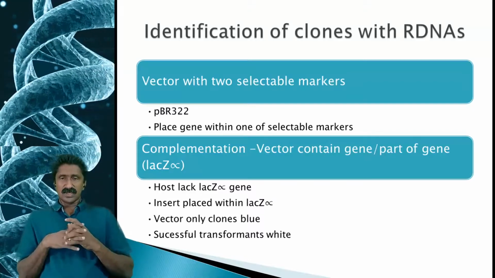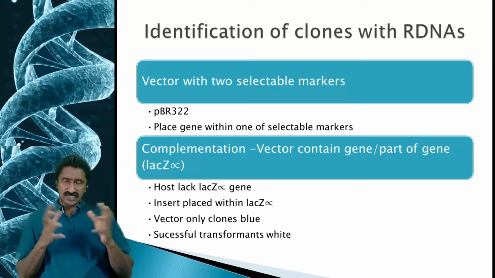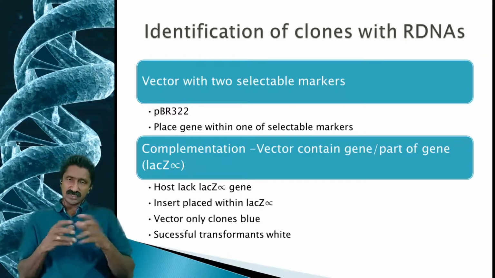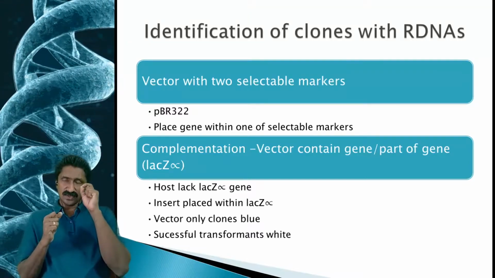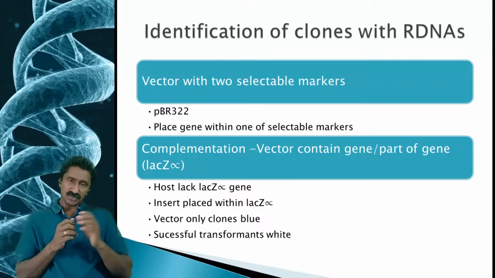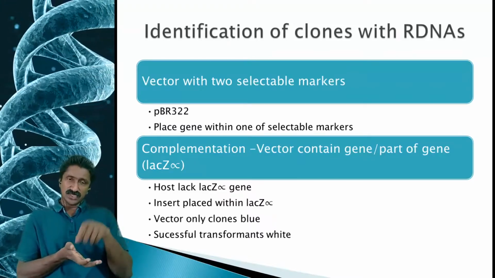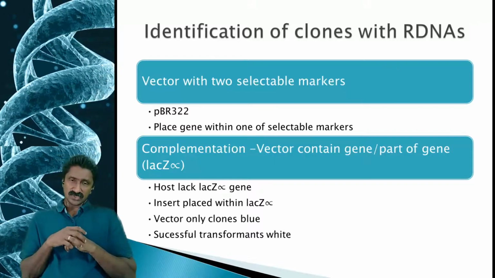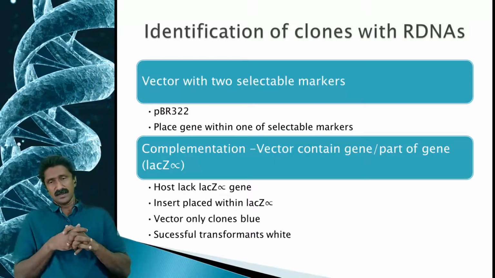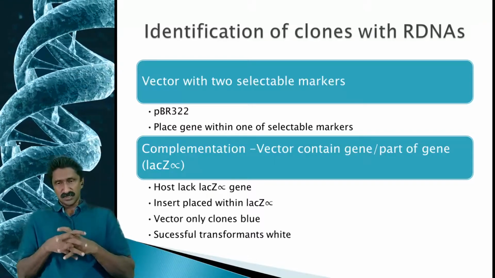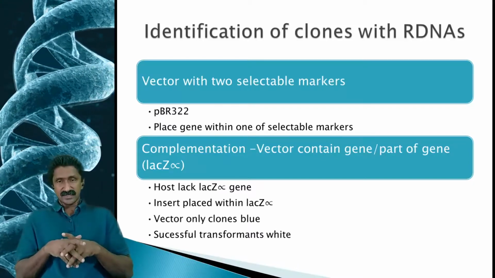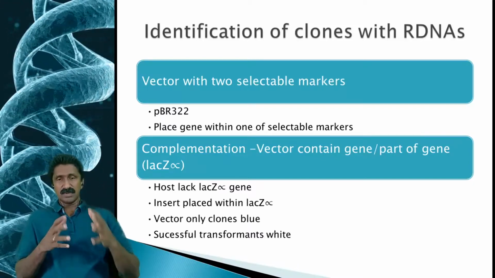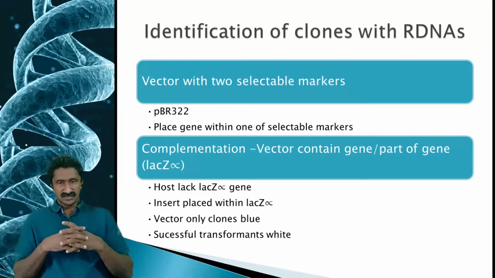And you can place your desired gene. For example, if you are cloning insulin, then the insulin gene will be placed within one of the selectable markers. For example, you will place the insulin gene within the ampicillin resistance gene present in pBR322. That results in interruption or disabling of that particular gene.